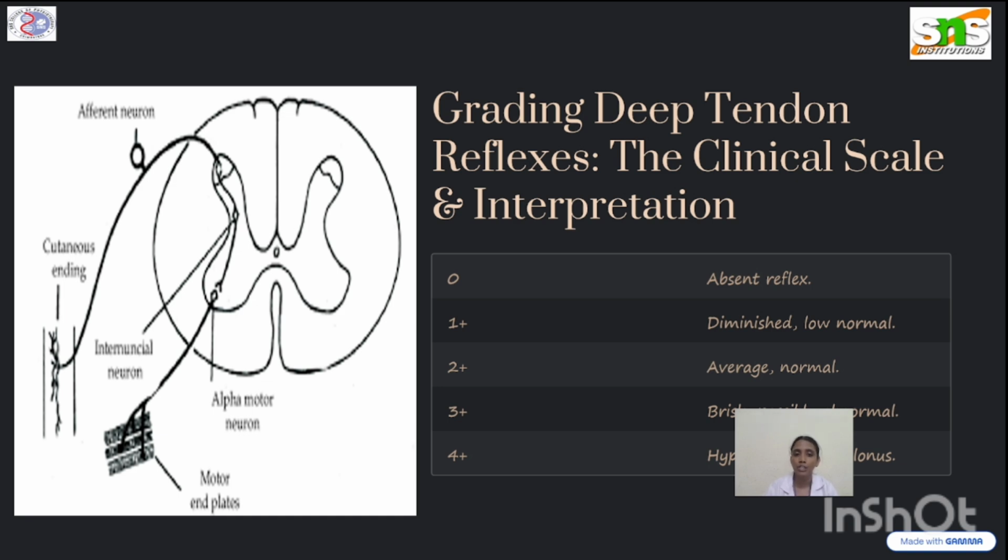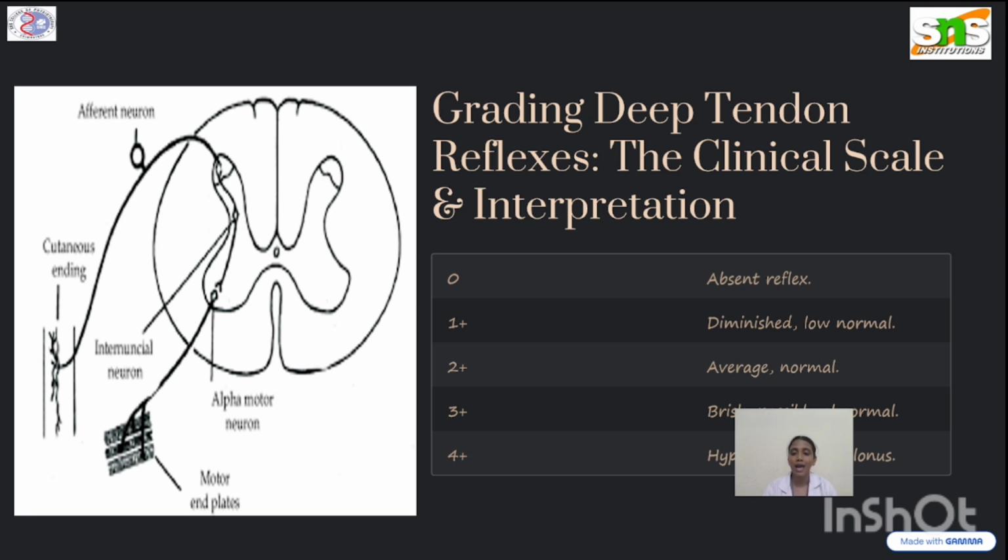It starts from 0, then 1 plus, 2 plus, 3 plus, 4 plus are the grades of the deep tendon reflexes. 0 indicates there is no reflex, an absent reflex, otherwise called areflexia. 1 plus indicates a diminished or mild reflex, which is near to normal but not normal.